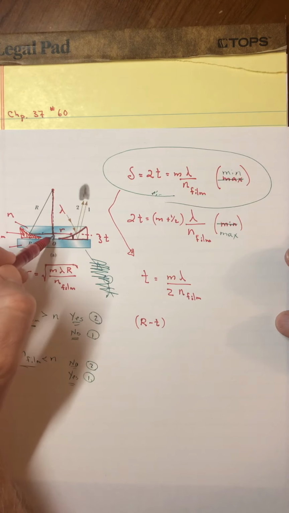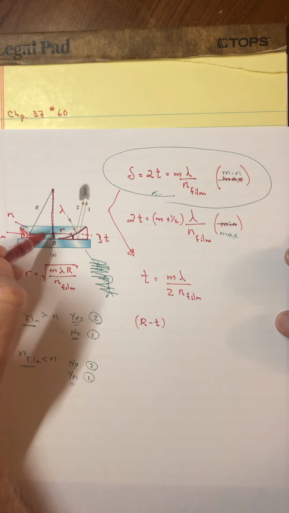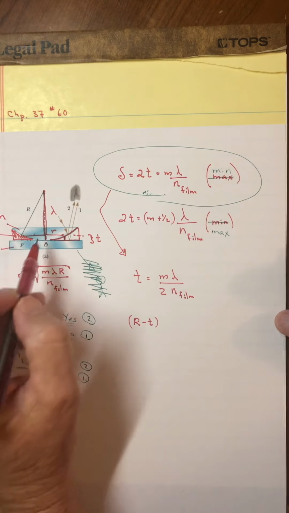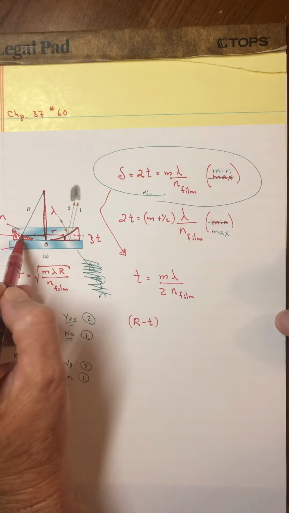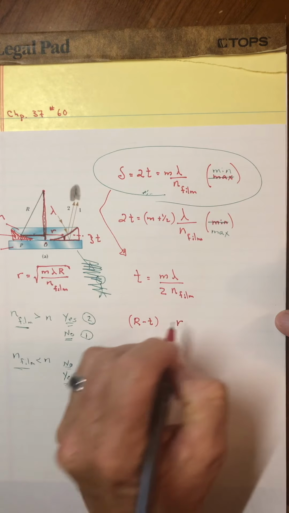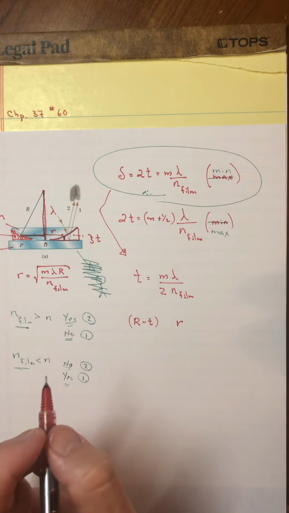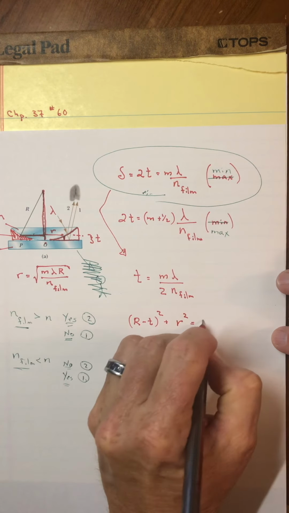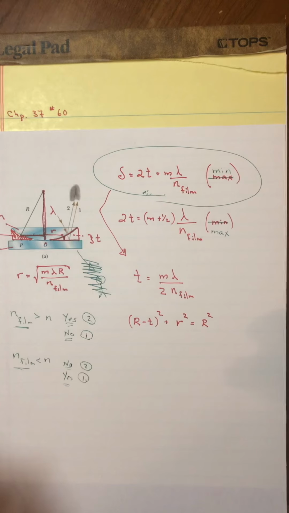That's that thickness right here. This thickness would be that right there. All the way down would be R, and if I subtract t, I would get this leg. And then going out perpendicular from it would be that leg, r. And the sum of the square of the legs equals the square of the hypotenuse.